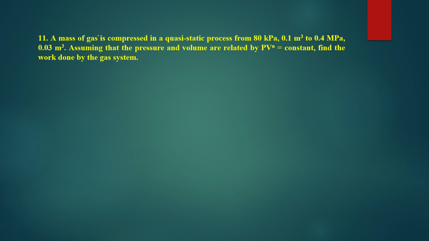Now here it is saying that a mass of gas is compressed in a quasi-static process from 80 kilopascal and 0.1 meter cube to 0.4 megapascal and 0.03 meter cube. So basically there is a compression process happening from state point 1 to state point 2. Corresponding to state point 1, we are given the pressure value, 80 kilopascal, and the volume V1, that is 0.1 meter cube.